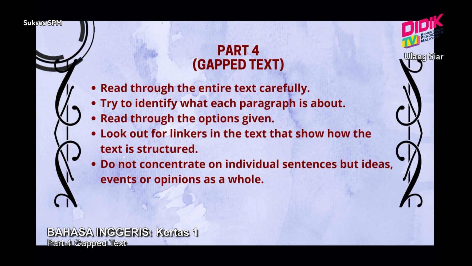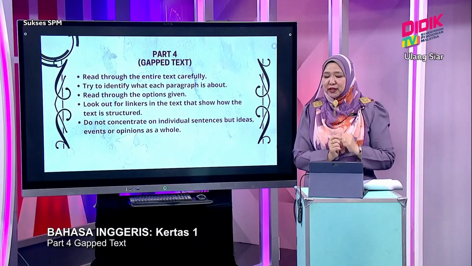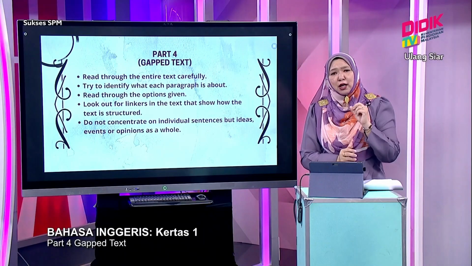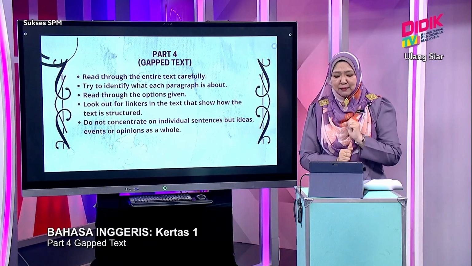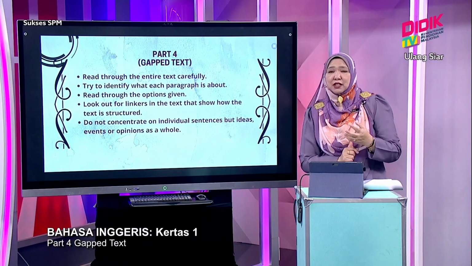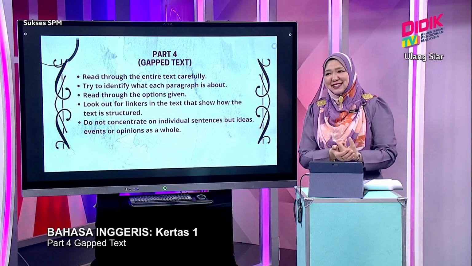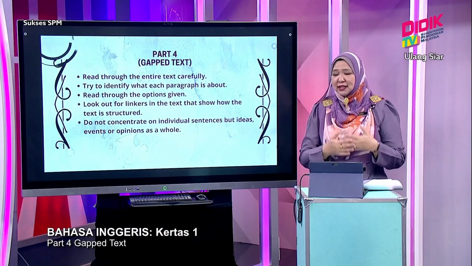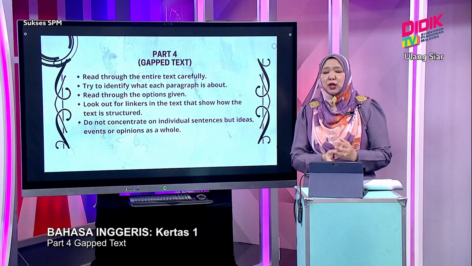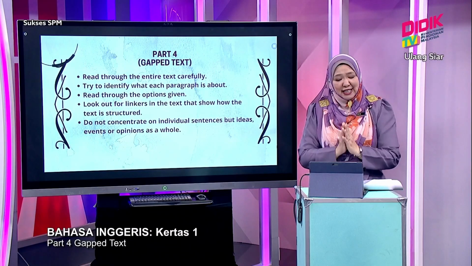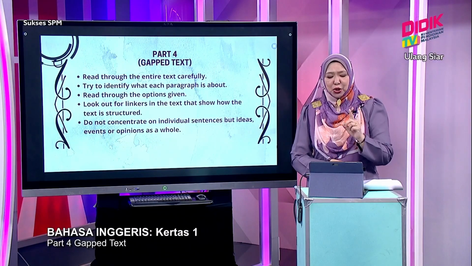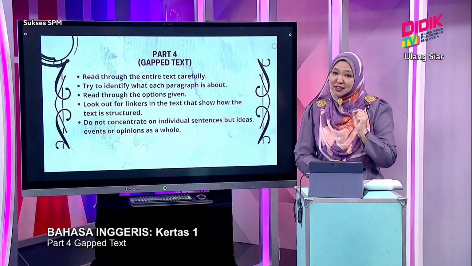Then read through the options given. Remember, we have 8 options. You are only going to choose 6 options for the answers. Look out for linkers, or some teachers call them connectors. We have sentence connectors, sequence connectors. So we have to look for the linkers in the text that show how the text is structured.